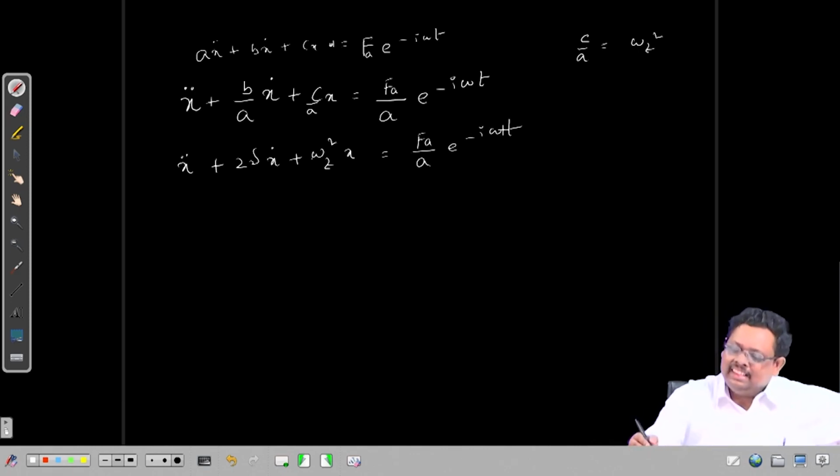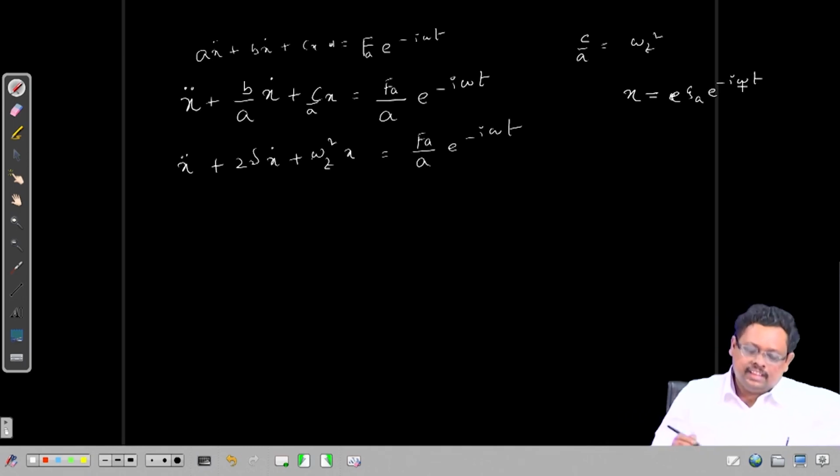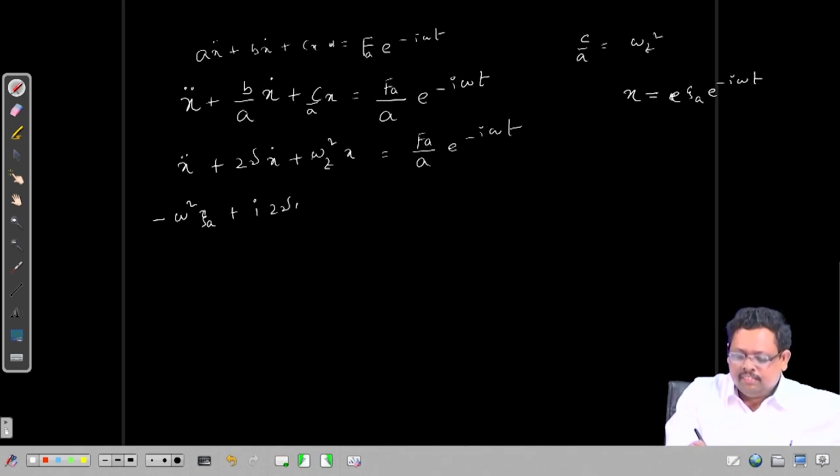Now, again as I said, we can assume the response is also harmonic. So, we can assume x equal to xi a e to the power minus i omega t, and then we substitute over here. So, let us see what we get. We get minus omega square into xi a, plus minus i 2 nu omega into xi a, plus omega z square into xi a is equal to f a by a.